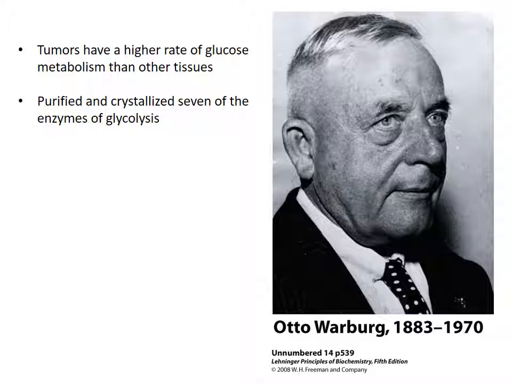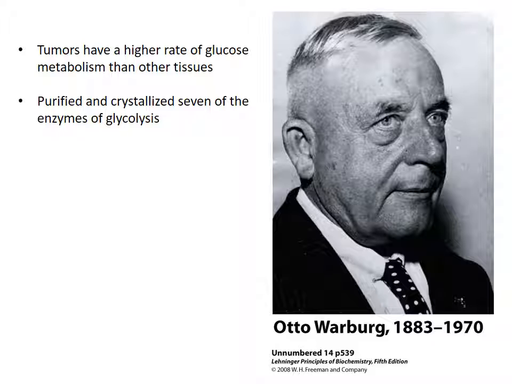It was the German biochemist Otto Warburg who was first to describe these events in 1928. He was the one to recognize that tumors have a higher rate of glucose metabolism than other tissues.